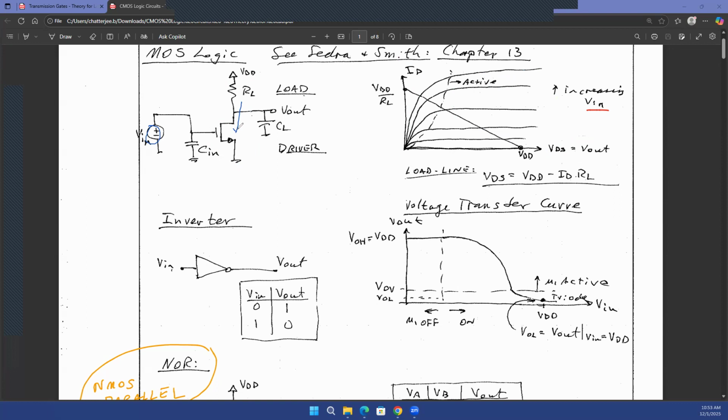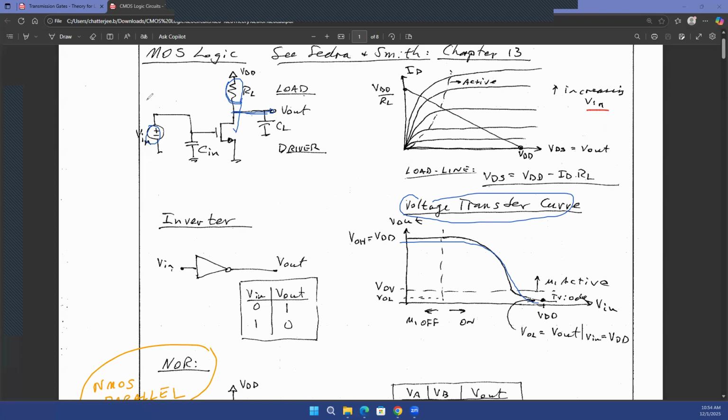And if the current through the transistor is going up, the final output voltage, which is the voltage drop across this resistor, goes down. This is something we have discussed even during our homeworks 1, 2, and 3. And that is the reason why your VTC, or voltage transfer characteristic, looks like this: as your input voltage goes up, your output voltage goes down.